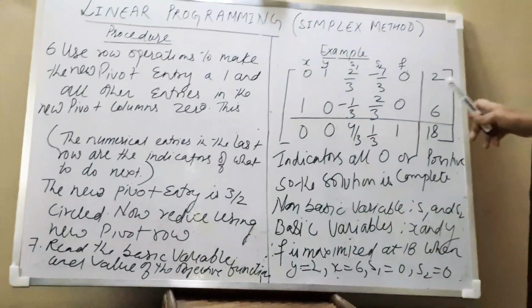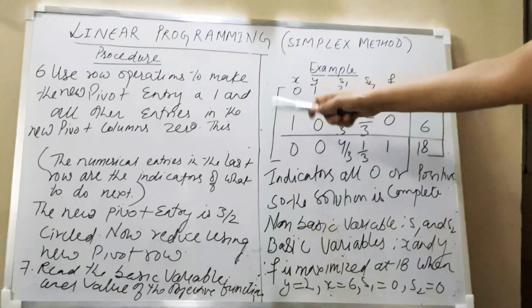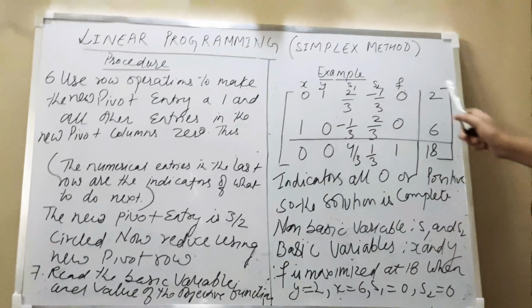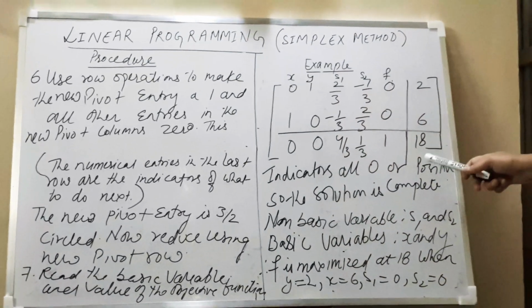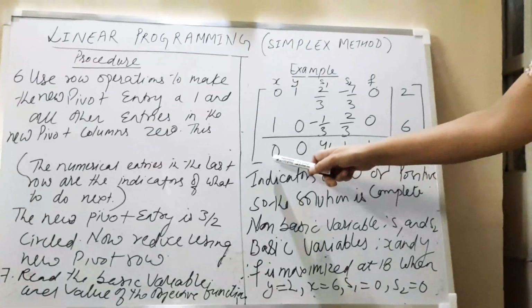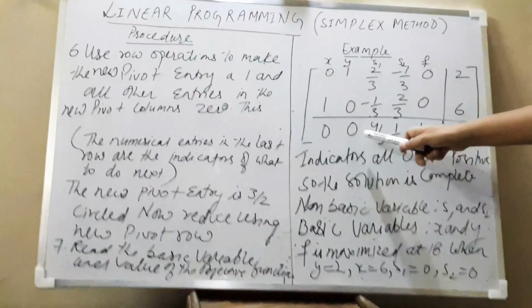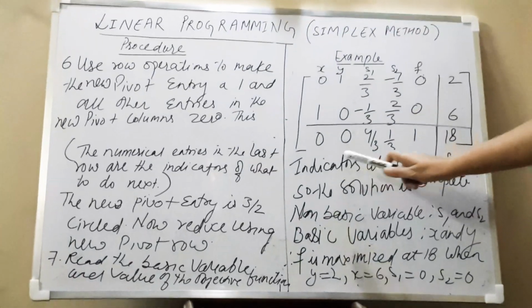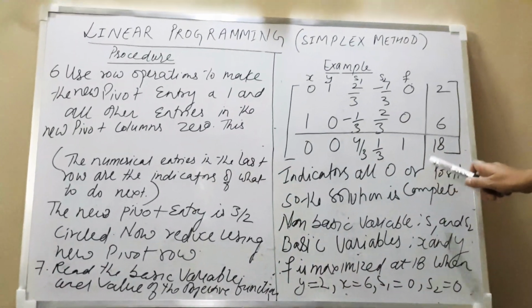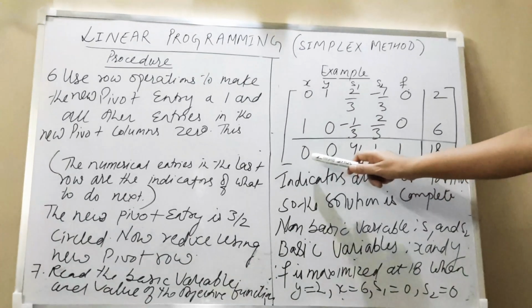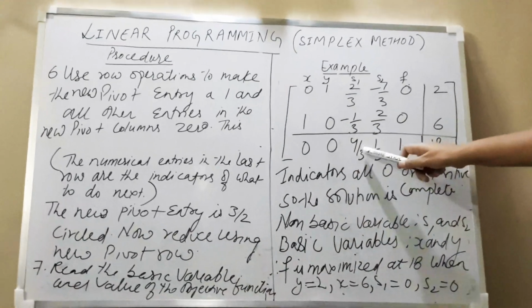Now we have reached the last step. We can see in this step that the indicators are all 0 or positive. So here some zeros are there and some positive entries are there.